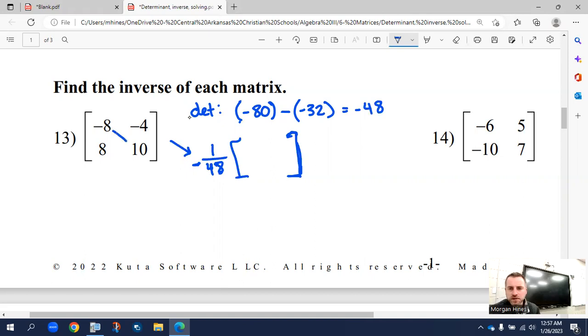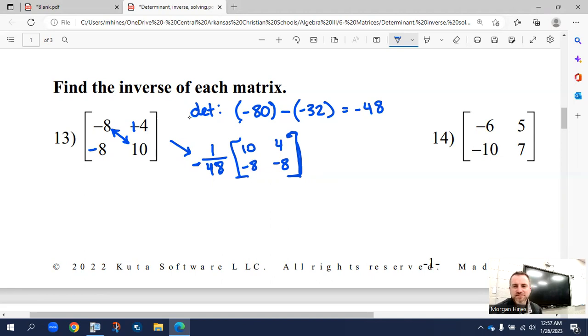So this is what it looks like. The top left and bottom right are going to switch places. So 10 goes to the top left, negative 8 goes to the bottom right. The other two are going to stay in the same places, but they're going to change signs. So it's going to be a negative 8 down here and a positive 4 up here.